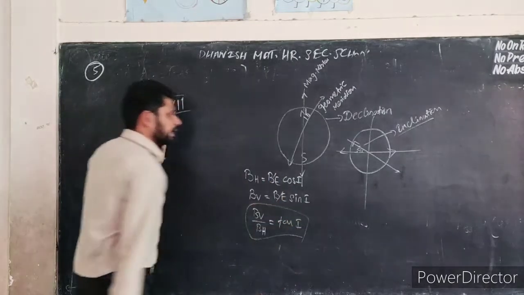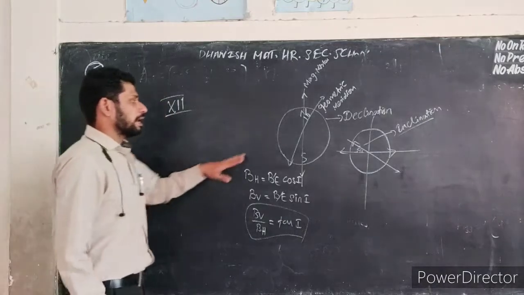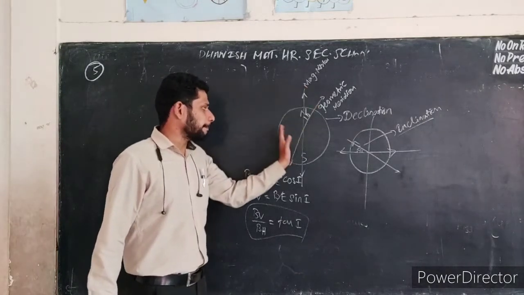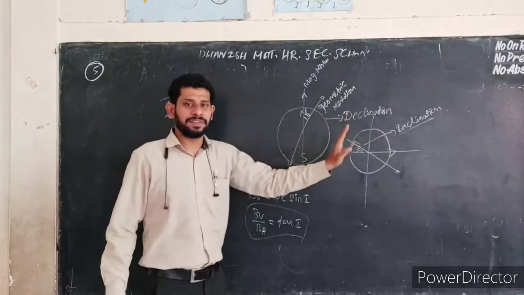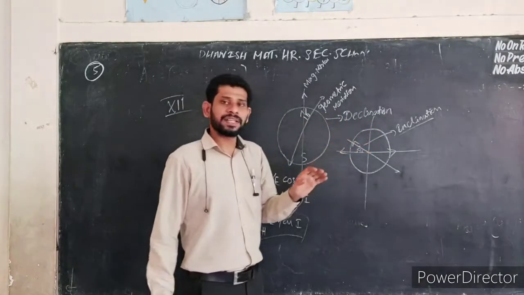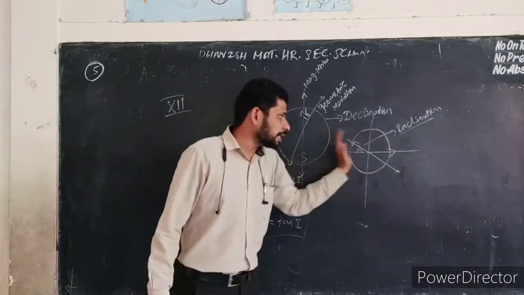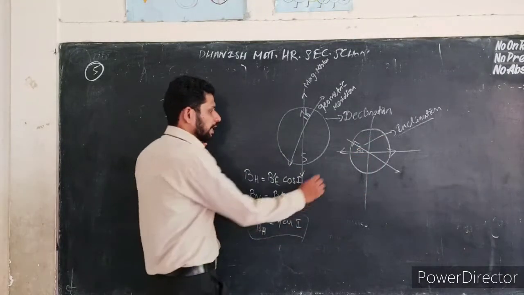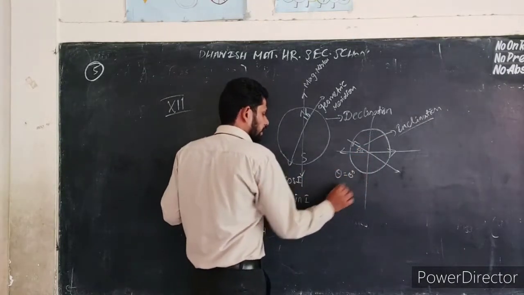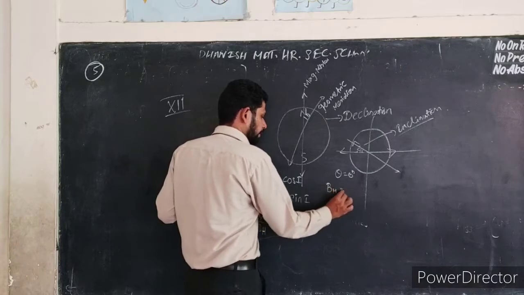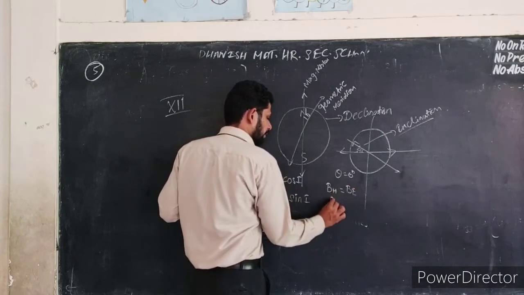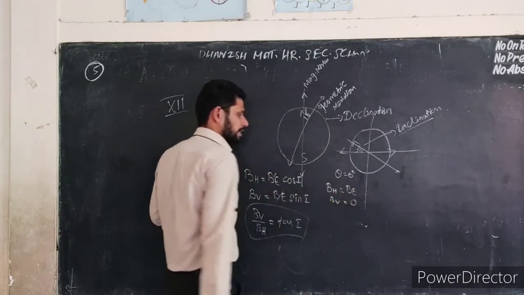Here we have to note: whenever the magnetic field lines are parallel to the surface of the earth, then theta equals 0 degrees, BH will be equal to B, and BV, the vertical magnetic field, will be equal to 0.